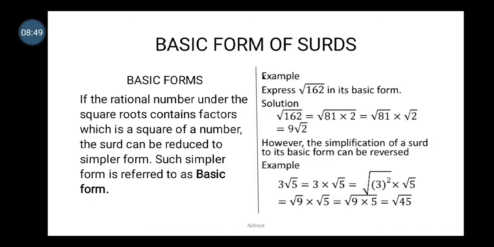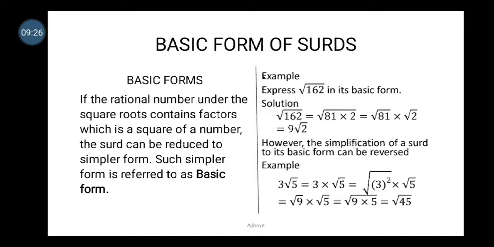So in this example, square root of 162, I know I can express 162 as 81 times 2. And 81 I know is the square of 9. So therefore, the square root of 81 will give me a whole number. So the square root of 162 is equal to the square root of 81 times 2. And from our law, the first rule that we looked at in the previous slide, we know that the square root of 81 times 2 will become the square root of 81 times the square root of 2.